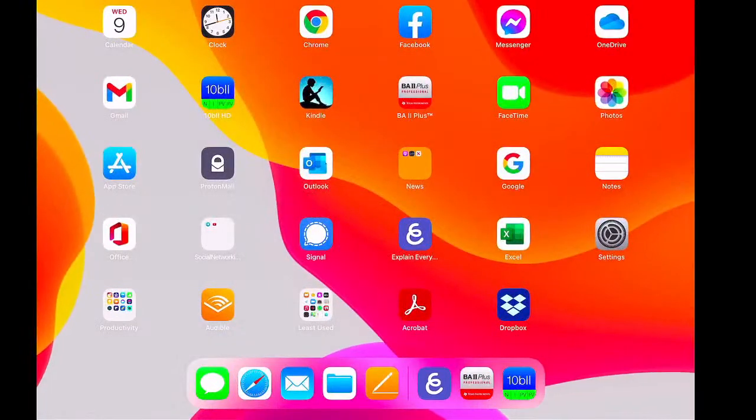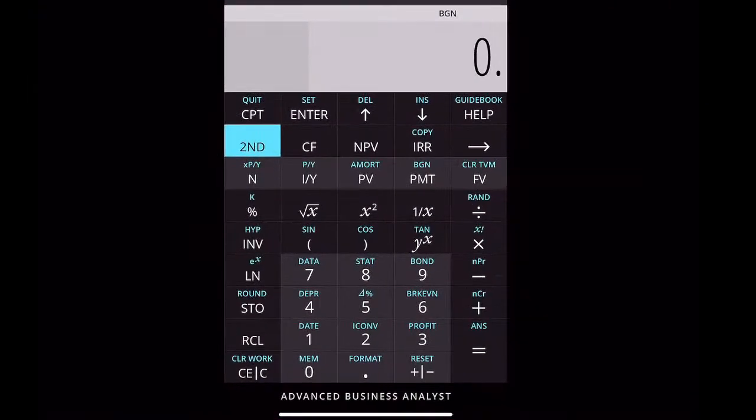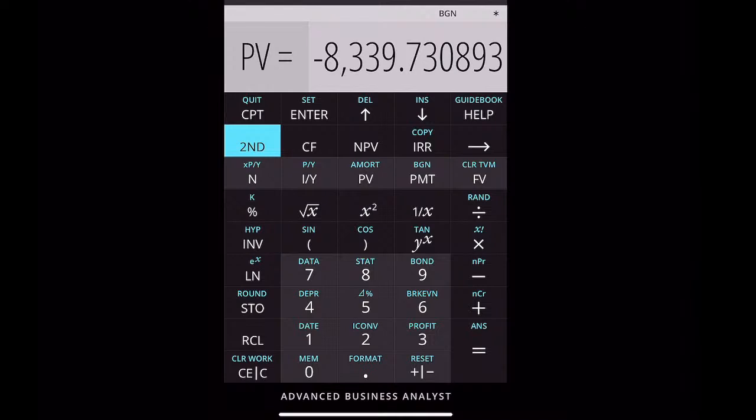Okay, so we're ready for 2,000 for 5 periods. So it's 5 payments, 10% of 2,000, and I want the present value of that. So that's the amount. 839.73. I'm going to change it to a positive and store it in 3.